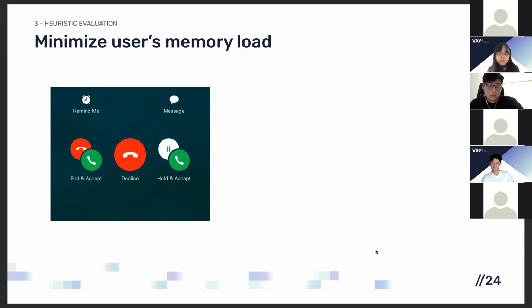So what can you do to improve this? And what would happen if you keep overloading their memory at all stages of user interaction? Will they be satisfied? Will they be able to complete the task efficiently? Those are really the key elements for user experience.